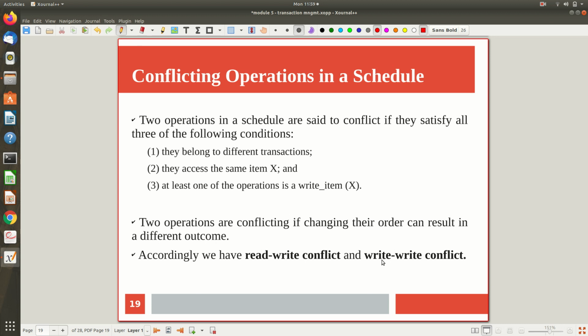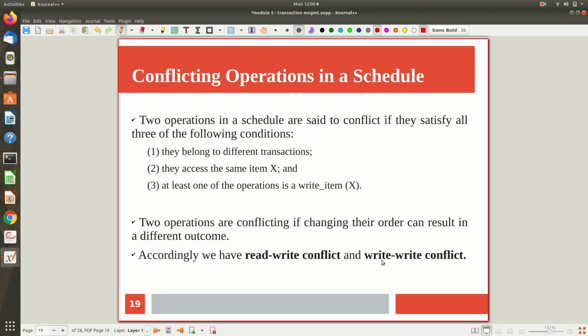Let's define what it is. Two operations in a schedule are said to conflict if they satisfy all of three conditions. First, I am talking about operations in different transactions. I am focusing on two operations of the schedule, and when can I say they are conflicting?